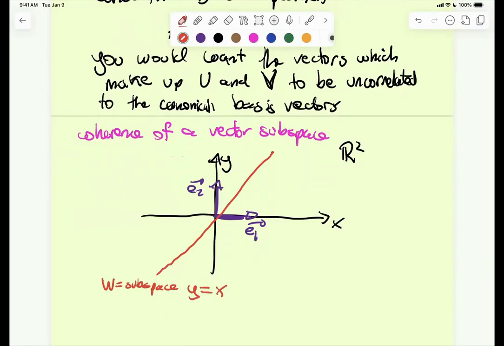In a sense, it's the most symmetric direction between the x-axis and the y-axis. So it has 50-50 for each of the canonical basis vectors. So what is one way to make this precise? One way is to project the canonical basis onto the subspace.